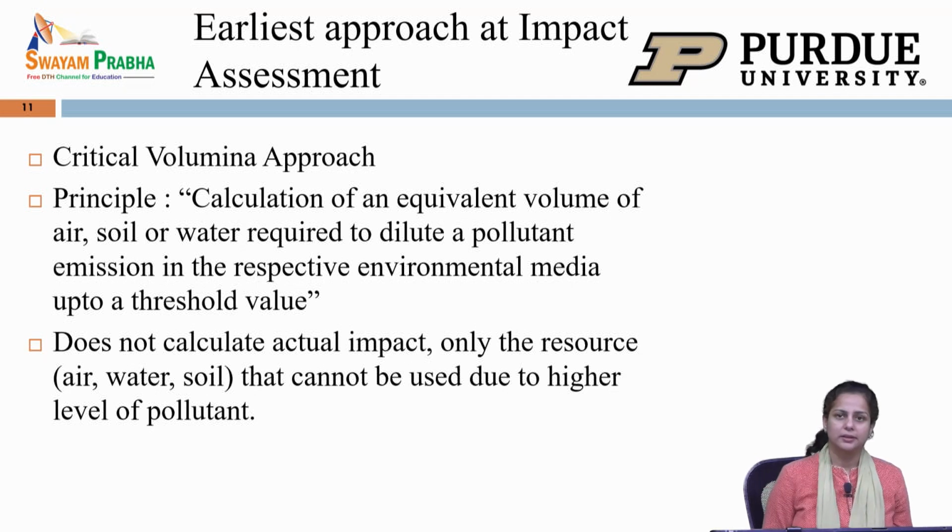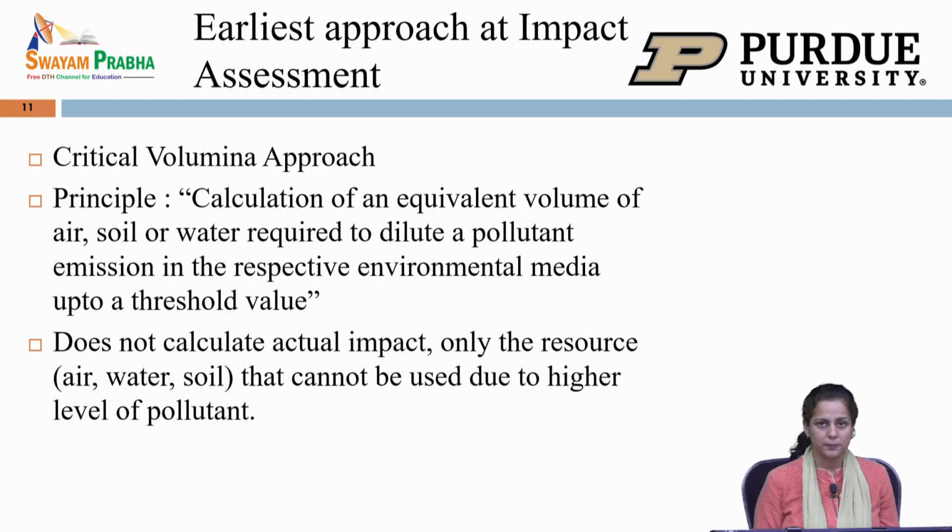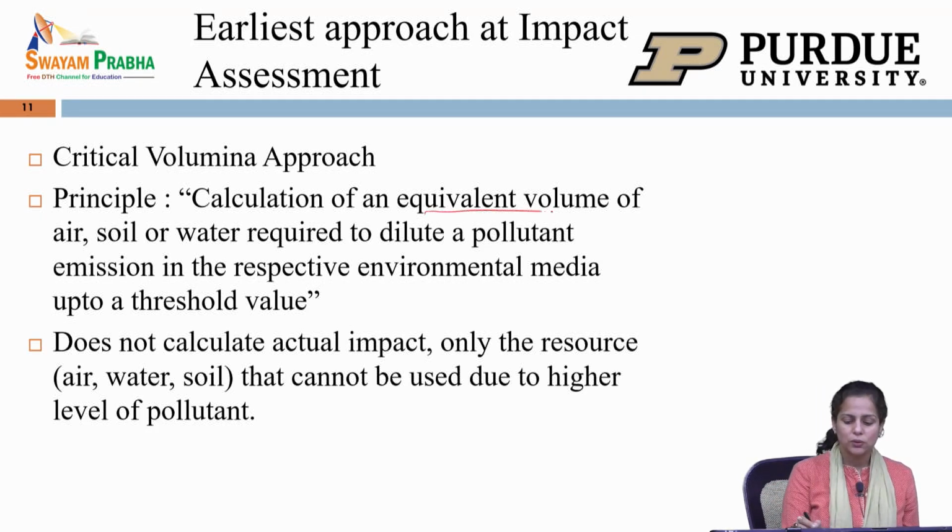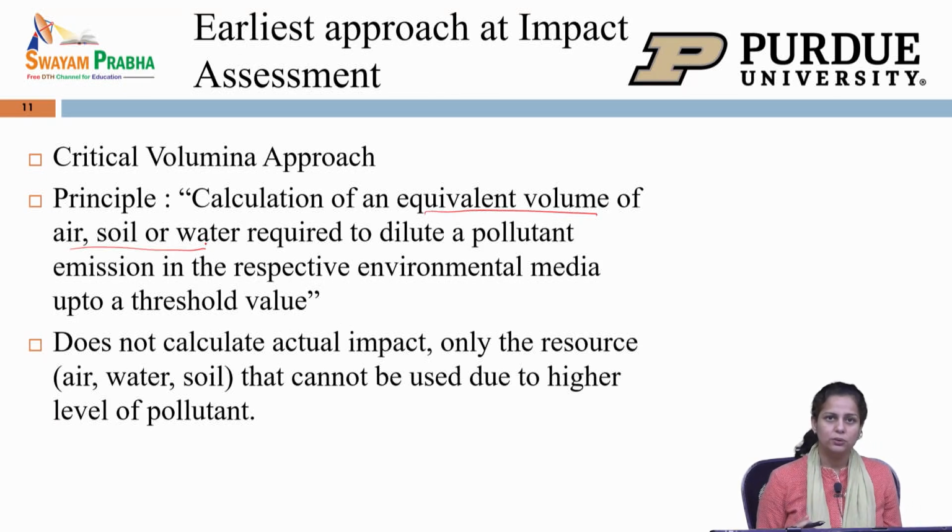So, let us look at the earliest approach to impact assessment. This was the critical volumes approach, and it was very simple. It is not about how something is being impacted, but it is more about how we are really polluting the environment. So the principle for this was that you calculate an equivalent amount of air, soil or water that is required to dilute a pollutant emission in the respective environmental media up to a threshold volume.